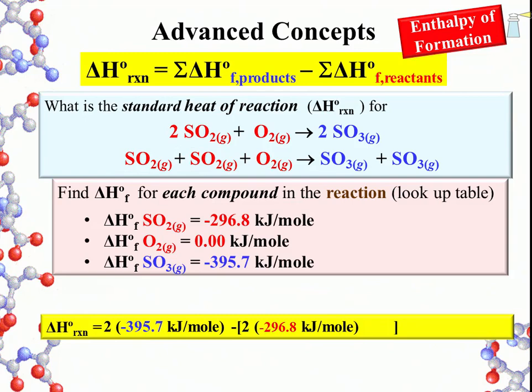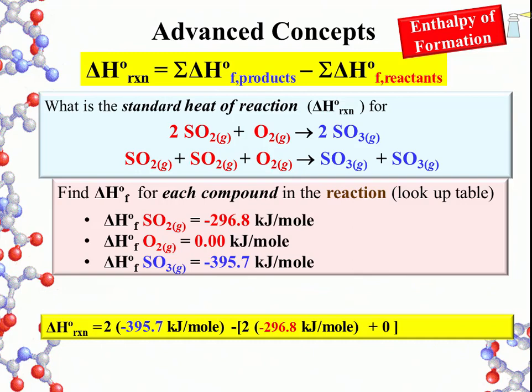There's one more reactant to deal with, oxygen. The nice thing about this compound is that it has a standard enthalpy of formation of 0. That can be included in the summation, but since it's 0, it can be ignored. The equation is complete, and the last step is to do the math. There are many places to get in trouble with sign errors.